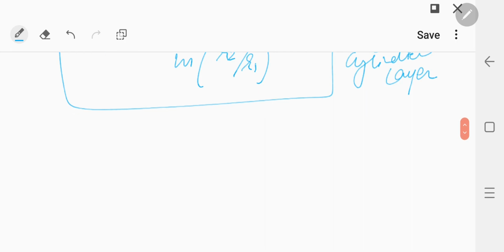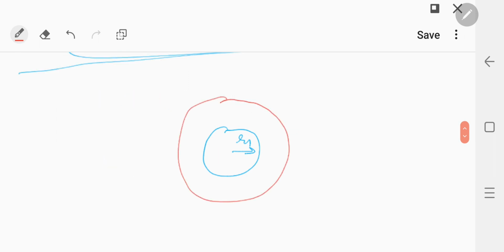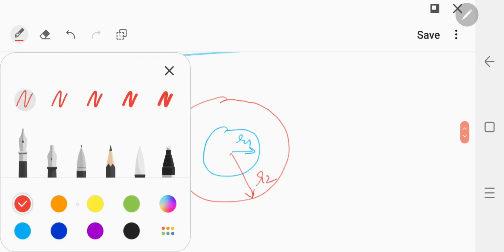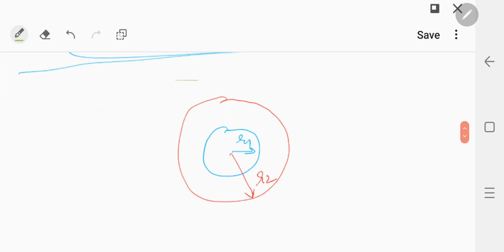Now suppose there are two layers on this same system. Let's say this is r1, that's r2, and we have another layer, that is r3.